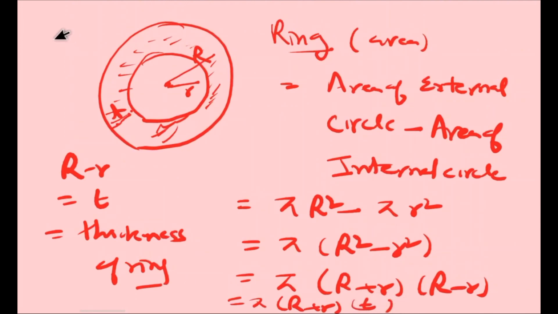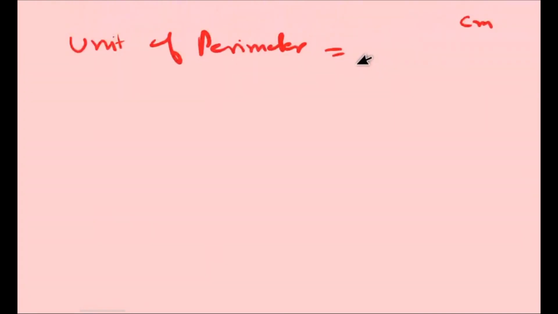Okay, so this way we can understand so many shapes, and using these shapes we can find the area and perimeter of different types of figures. Before ending this lecture, I want to say something about units. Unit of perimeter: if all things are in centimeter, then it will be centimeter. If all things are in meter, then it will be meter.